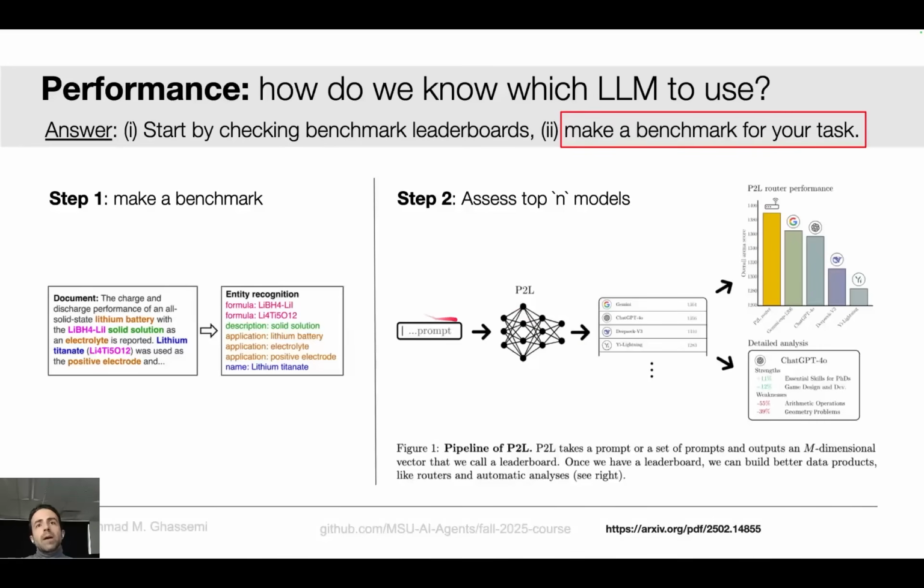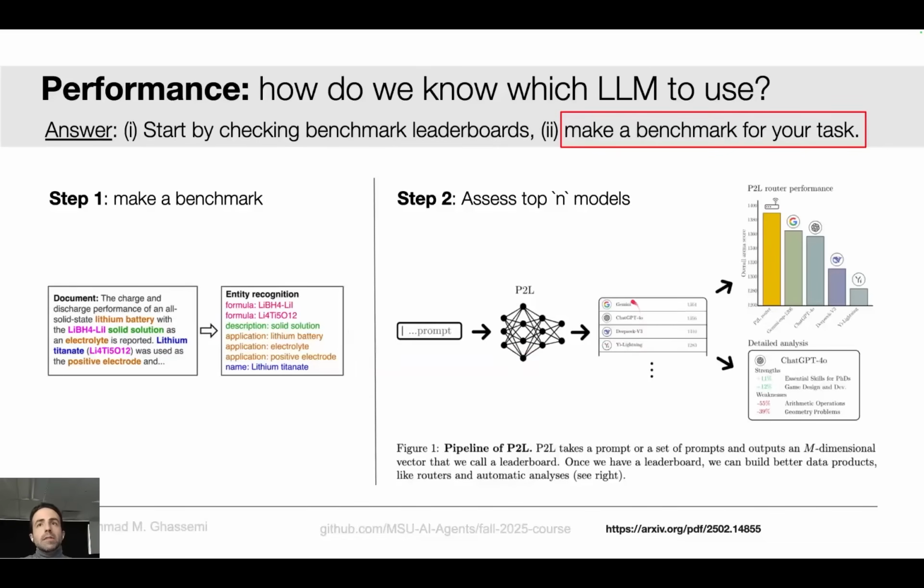I chose this pipeline here, which comes from a paper called P2L, which I've also linked down here, in case you'd like to use a tool that will do this assessment of the top N models in a semi-autonomous way for you. There's a little bit of setup to use the P2L pipeline, but it can do the assessment for you given a prompt, in this case this, and an answer.